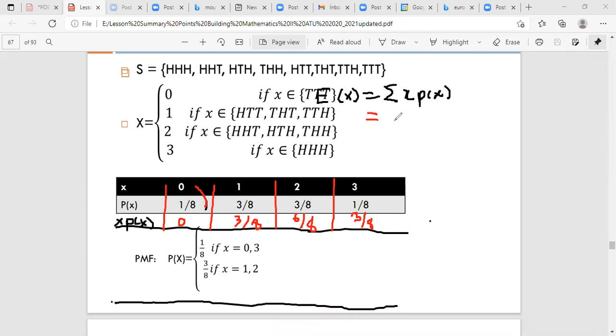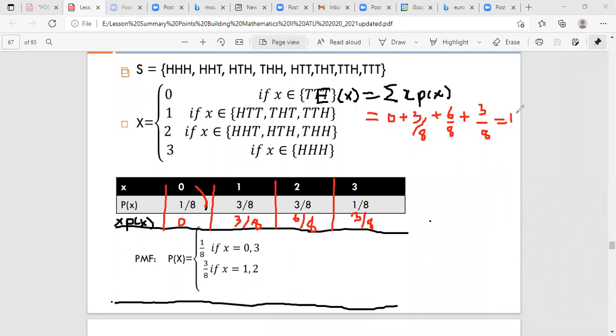That will be 0 plus 3 over 8 plus 6 over 8 plus 3 over 8. When we look at this carefully, 3 plus 6 is 9, plus 3 is 12.